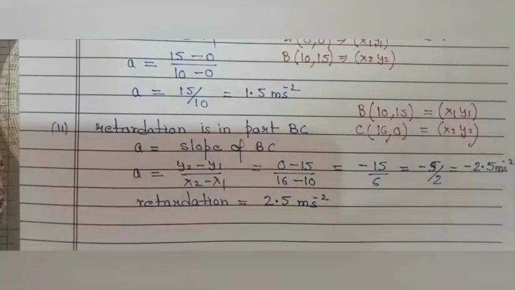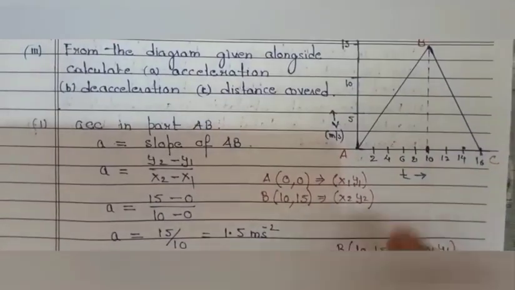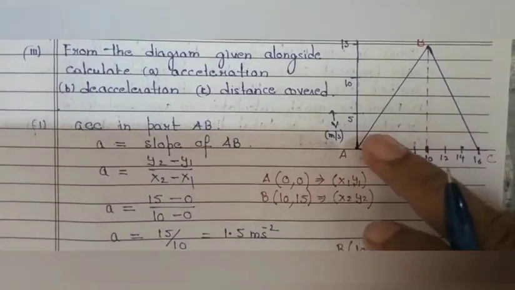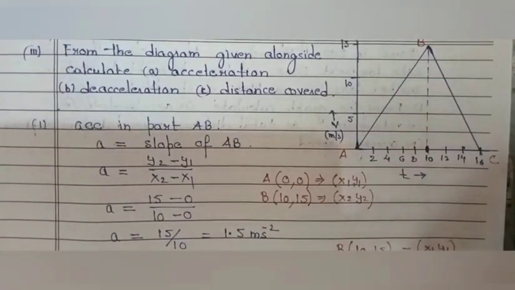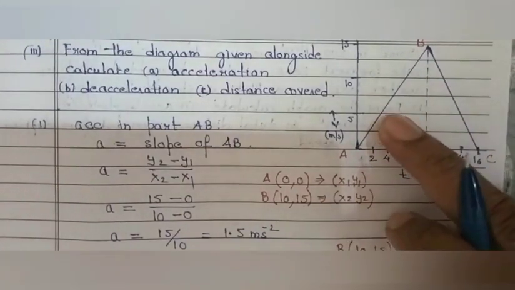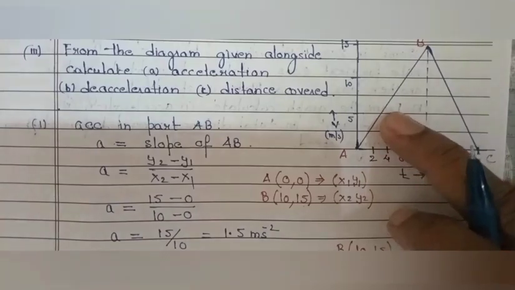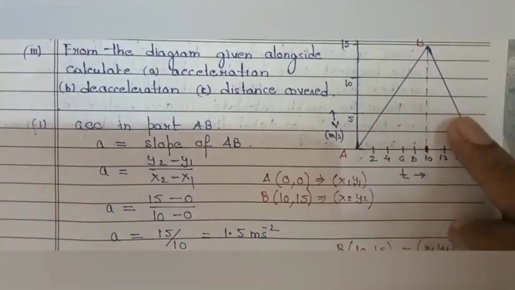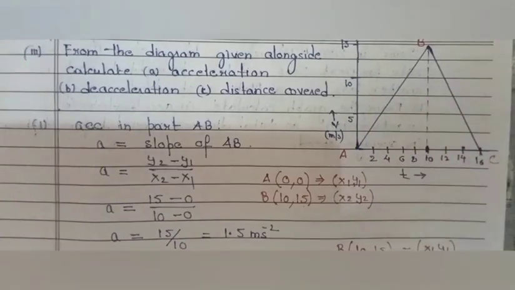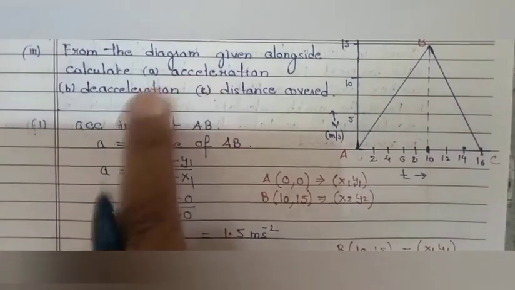So this was the velocity time graph. Remember, in a velocity time graph, whenever we get the slope, we get acceleration. In the first case we got the slope positive, so it is acceleration. In the second case we got the slope negative, so it is retardation.